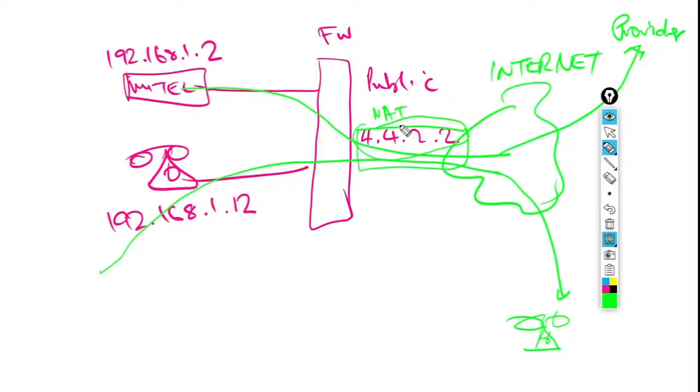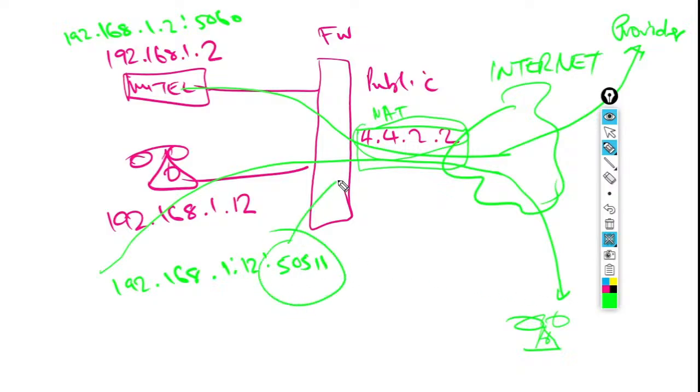So this is going to lead us to use NAT port translation, or what we call NAT overload, where the PBX is communicating as 192.168.1.2 on port 5060, and this is communicating as 192.168.1.12, maybe port 50511, to here. So when it comes to the firewall, when we are changing this part here to 4.4.2.2, we don't want this port to be changed.